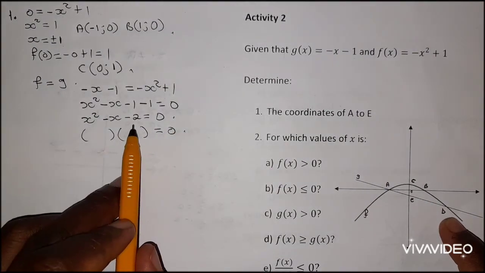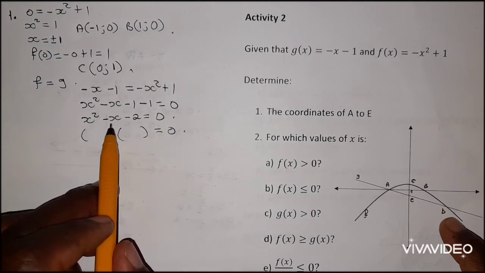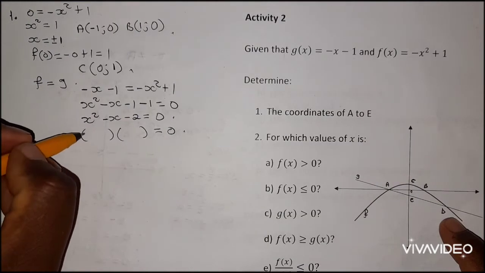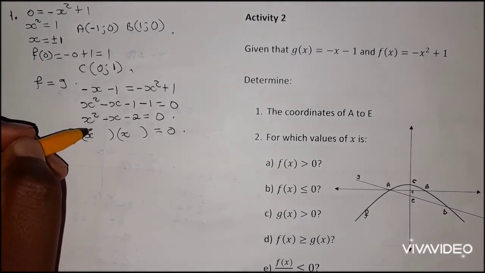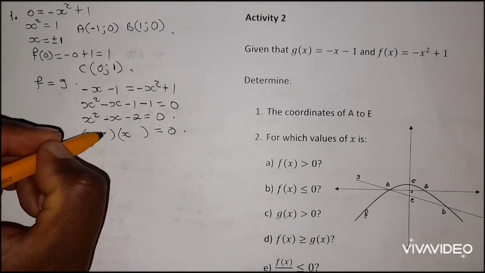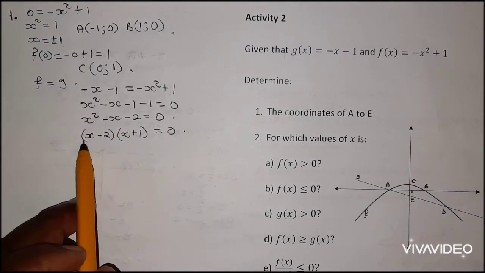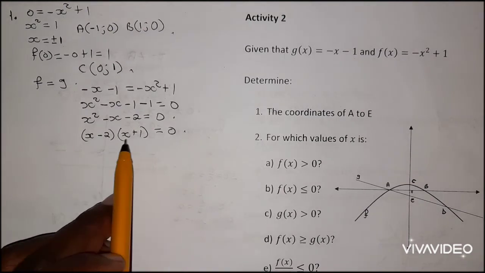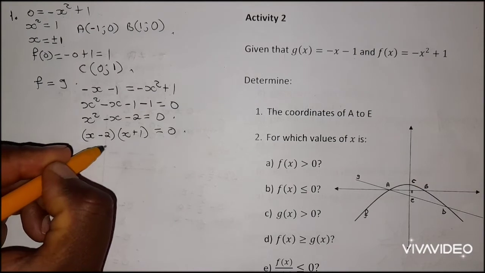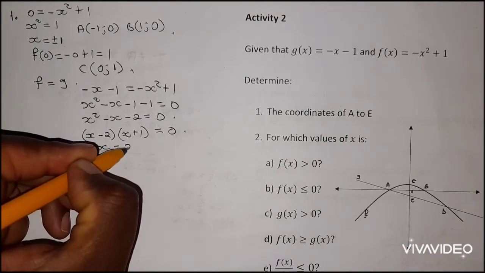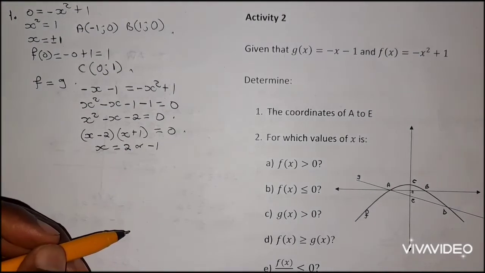We need 2 factors of -2 which, when added, give -1. The 2 factors are -2 and +1. And we know that either this bracket is equal to 0 or that bracket is equal to 0. So from there we see that x is equal to +2 or -1.